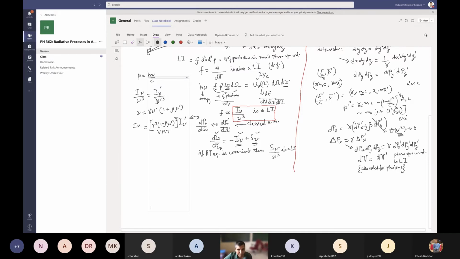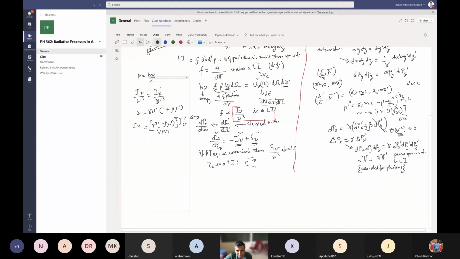What about the optical depth? This sort of transforms like I nu. So basically we also know that tau nu is Lorentz invariant, because I nu and dI nu transform in the same way under Lorentz transformation. So tau nu better be a Lorentz invariant for this equation to be valid across Lorentz frames. And this is also easy to see. We know e to the minus tau nu. What is the interpretation of e to the minus tau nu?